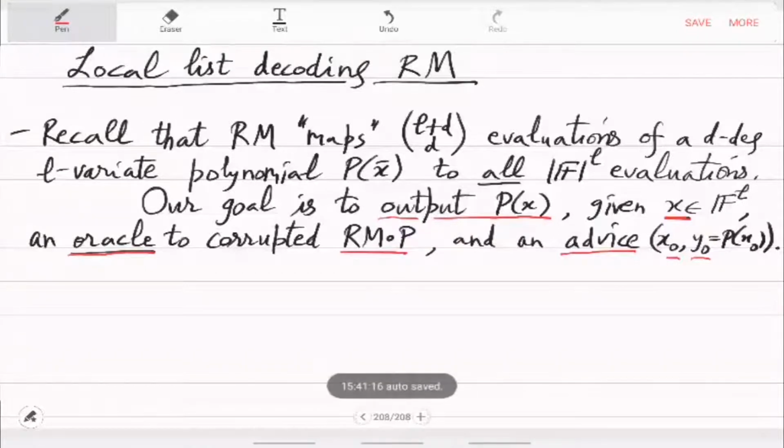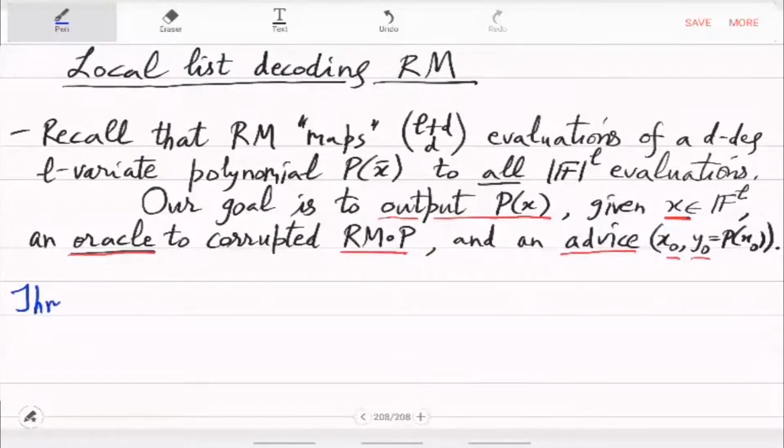Remember that there are many P's possible because RM of P is corrupted so much, close to 100%, close to 1. So there is a list, but this advice will pinpoint some P in the list, and for that P you want to evaluate P of x, no matter what x is given.